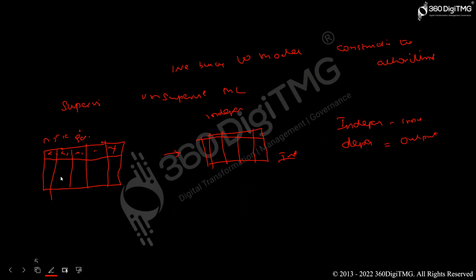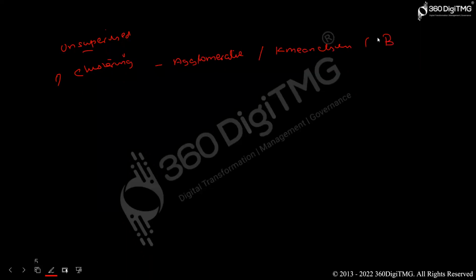What machine learning techniques will we have? In unsupervised machine learning, we build different kinds of models. One is called clustering. In clustering, we have three types: agglomerative clustering, K-means clustering, and DBSCAN clustering.